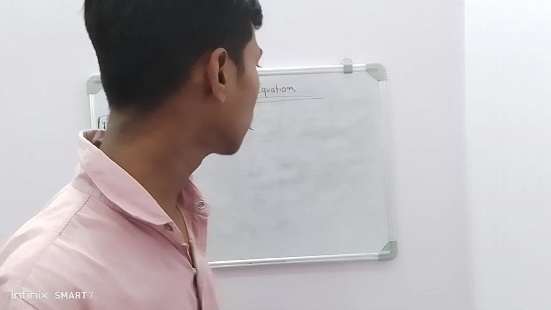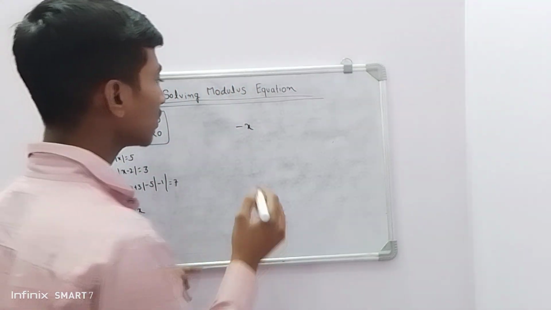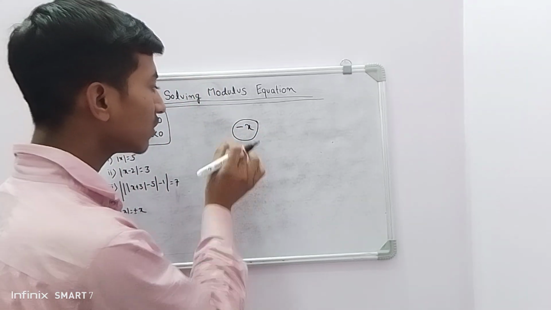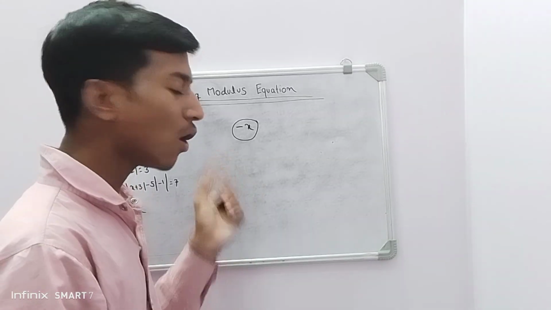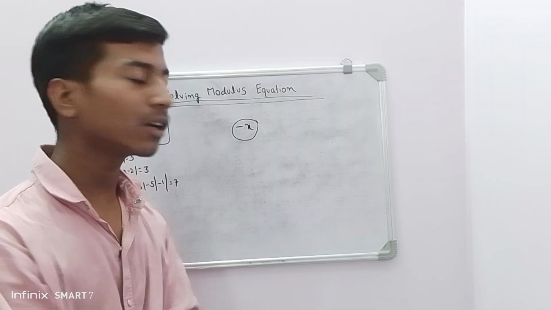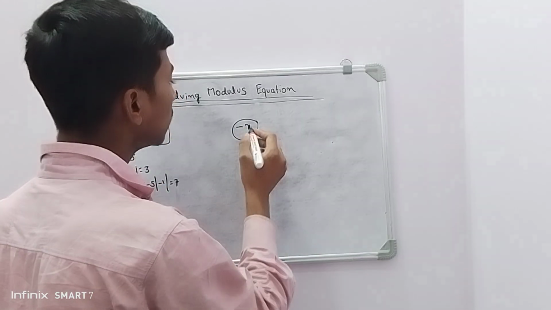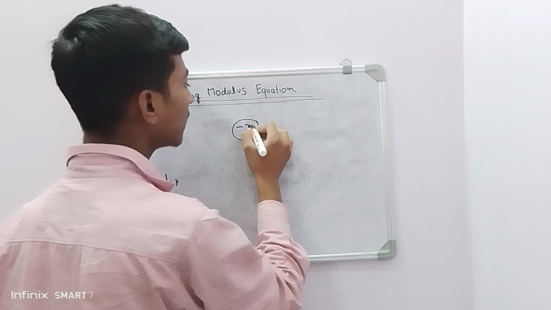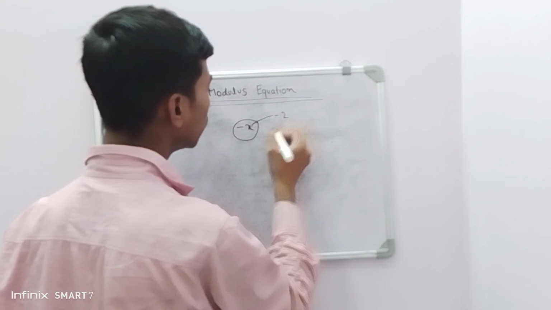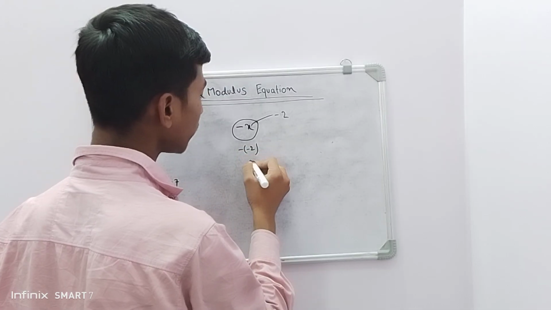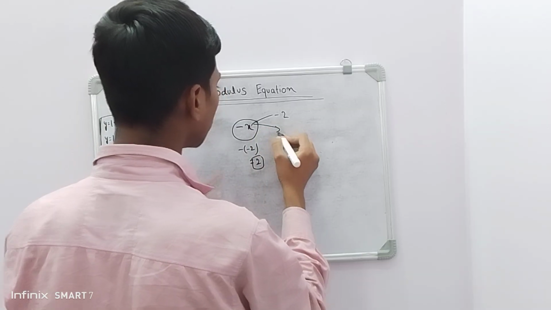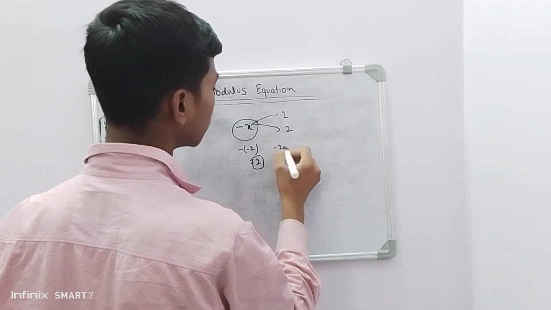To start, I am just asking you a simple question. This one is minus x. Is this positive or negative? Mostly you will say that this is negative, but you are wrong here because you don't know the value of x. Let's suppose the value of x is minus 2, then it becomes positive 2, and if the value of x is 2, then it becomes minus 2.